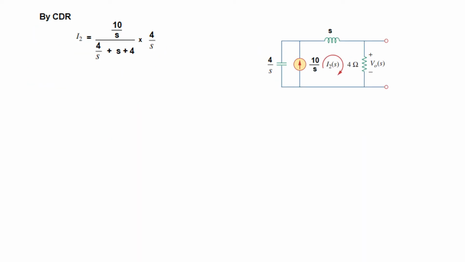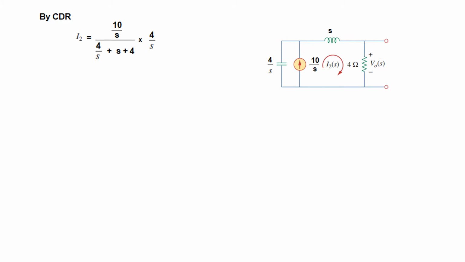Now, to find this voltage, all we need is to find the current I₂, and we can do this by the simple current division rule. This is the total current dividing into two parts.